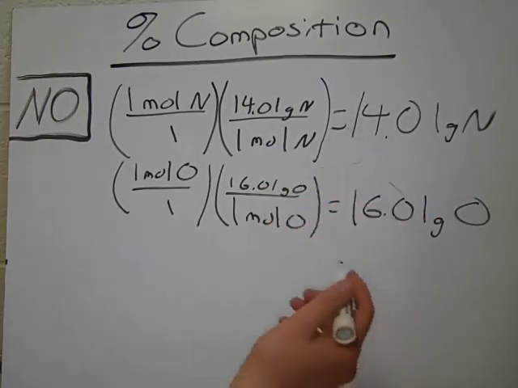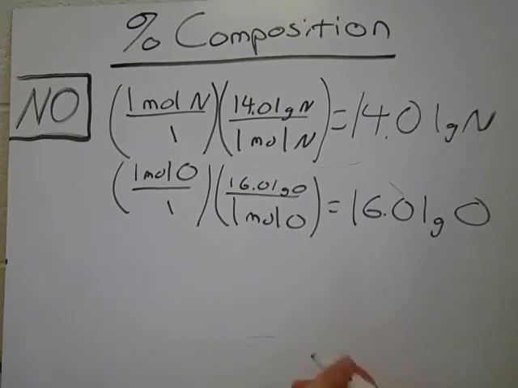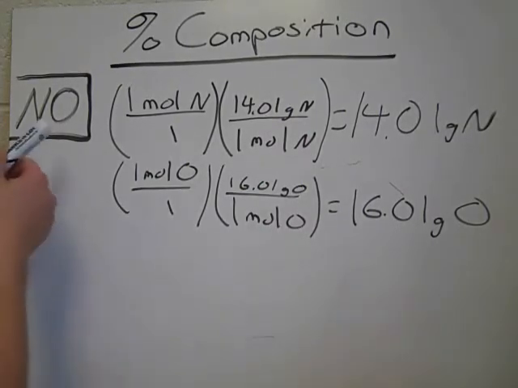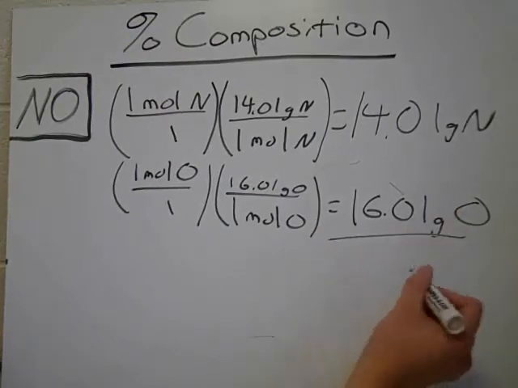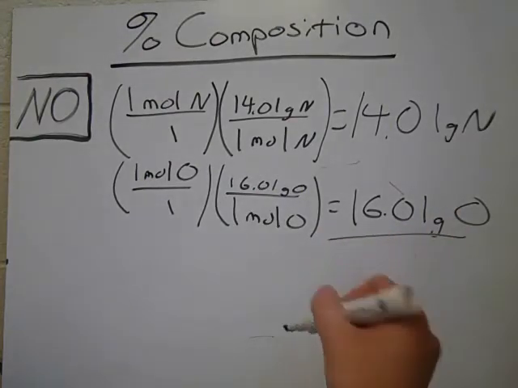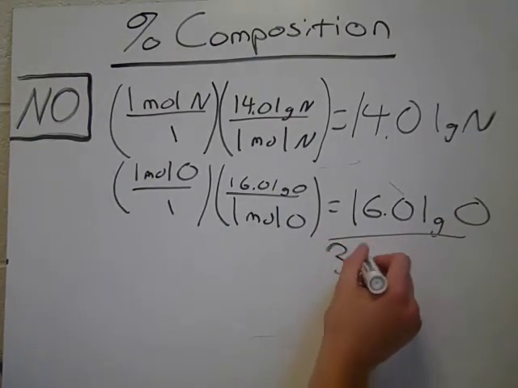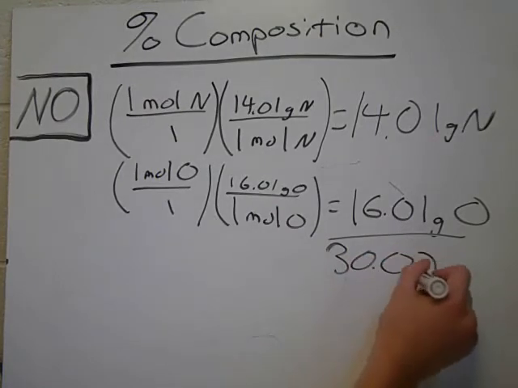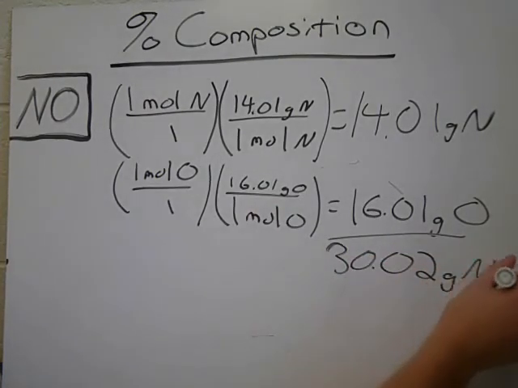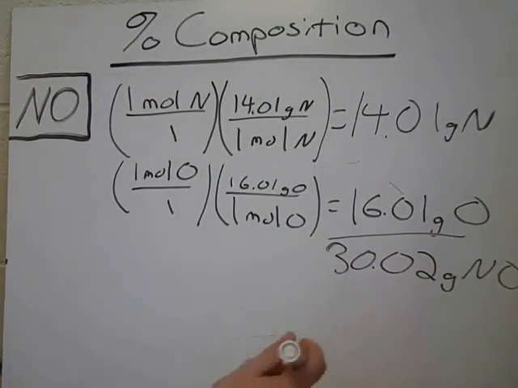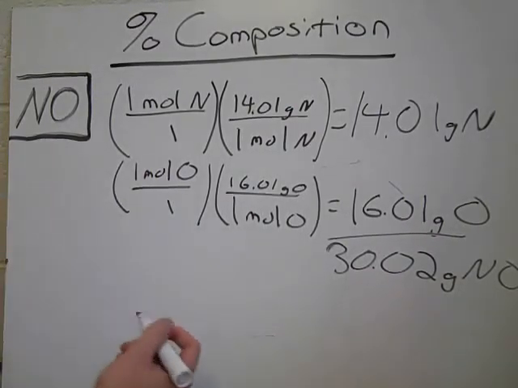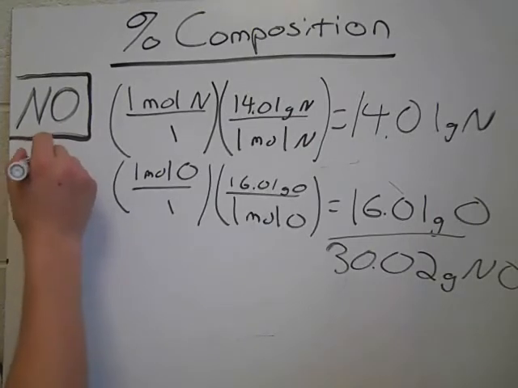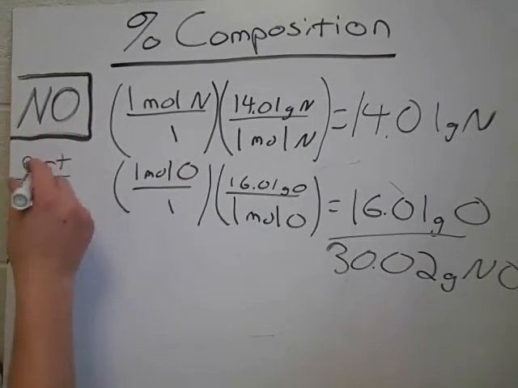So then you add these up, that gives you the total mass of 1 mole of NO. And that's going to be 30.02 grams NO. Now since this is your total mass and you're trying to find percent mass of oxygen, percent mass is part over whole.